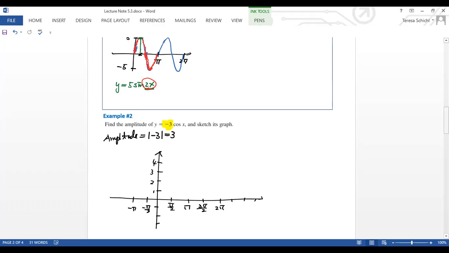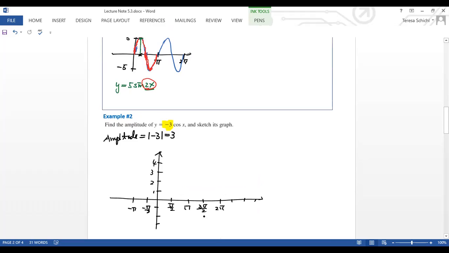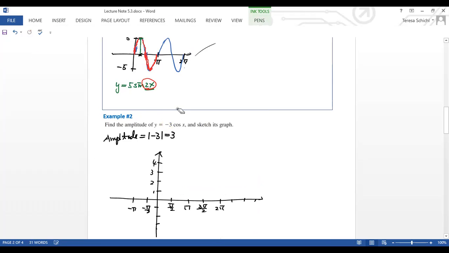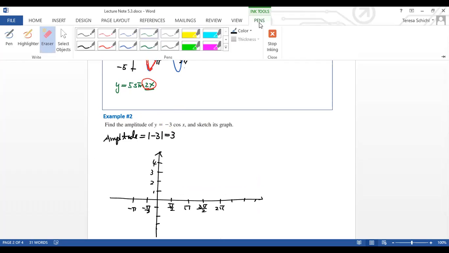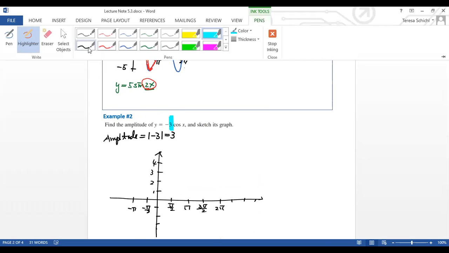For my first transformation, this is 3, which means I need to multiply by 3.